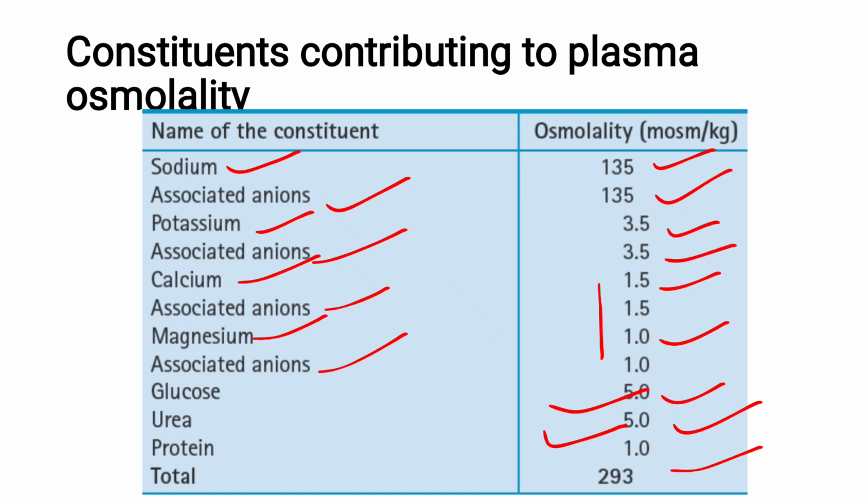So in order to simplify the measurement of osmolality, we consider only double the concentration of sodium, double the concentration of potassium, and the concentration of glucose and urea, which constitute the majority of the solute particles contributing to the plasma osmolality.